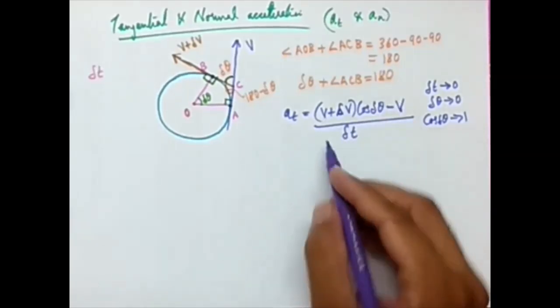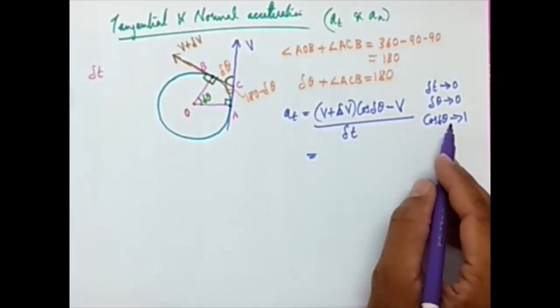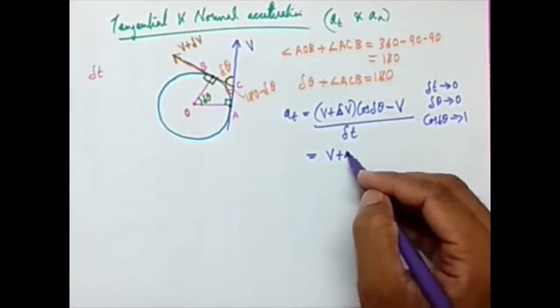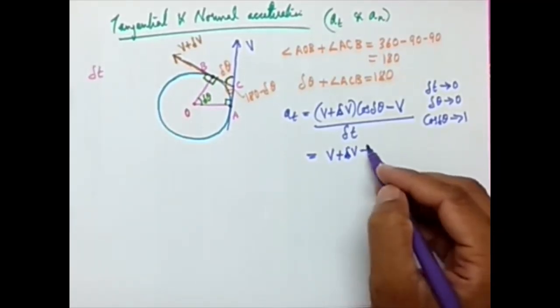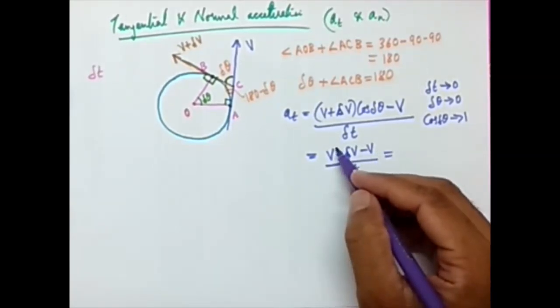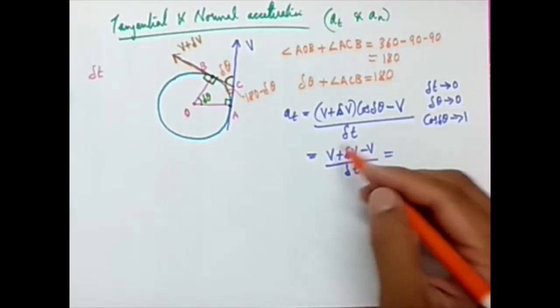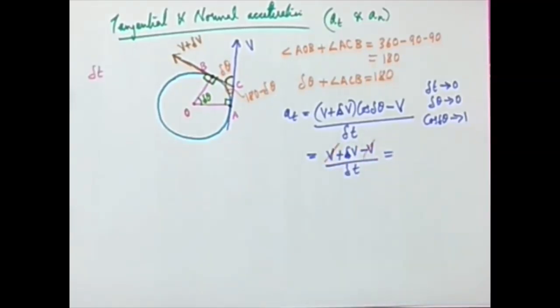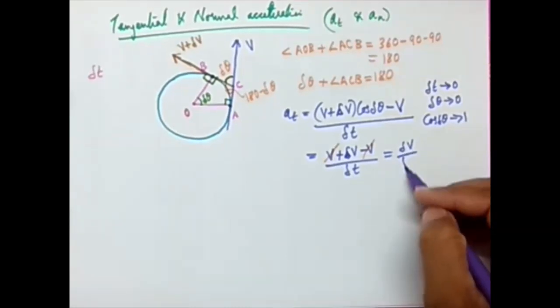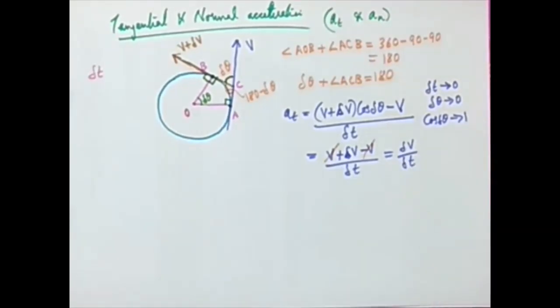So what will happen to this equation? If cos delta theta is approximately equal to 1, it will be v plus delta v minus v, by delta t. So this v and v cancel off. What I am left with is delta v by delta t.